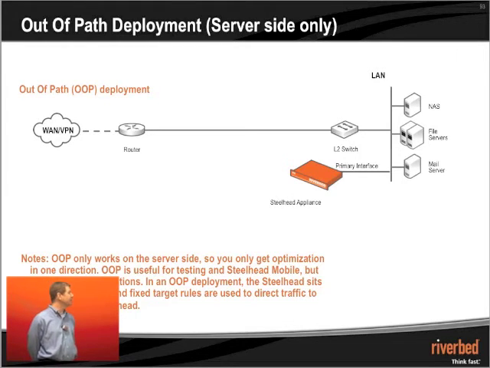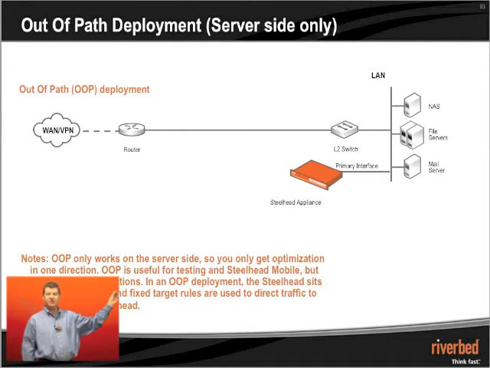So once the naked SYN shows up on the client-side steelhead appliance, we use a fixed target rule to redirect the traffic to the IP address of the primary interface of the steelhead next to the server. This way, the traffic destined for this mail server will be intercepted by the steelhead on the client side, which will then point the traffic at the primary interface on the steelhead.